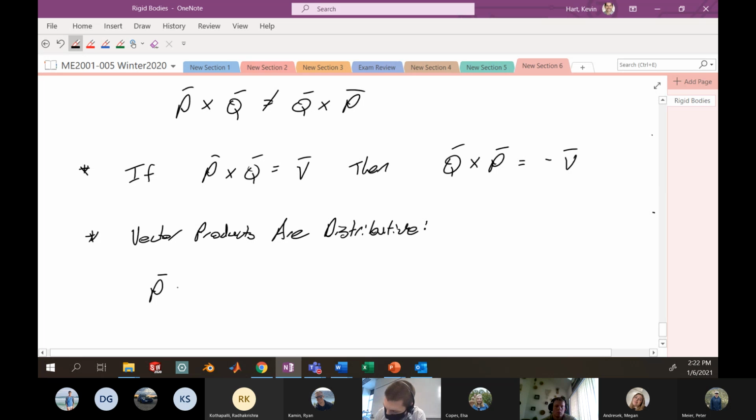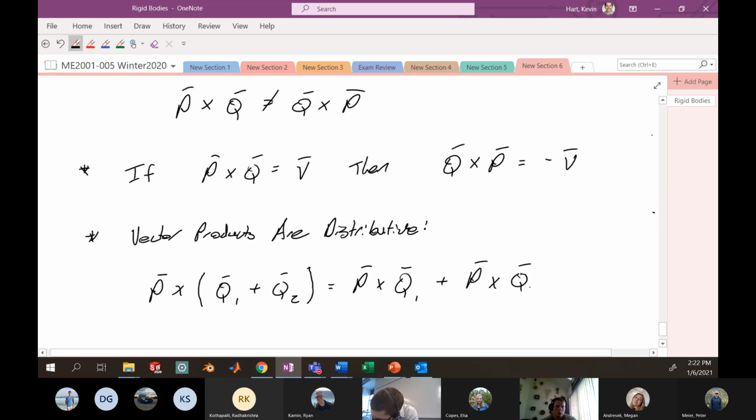That is, P crossed with Q1 plus Q2 is equal to P cross Q1 plus P cross Q2. All right. So we can distribute across a parentheses, just like you would with multiplication.